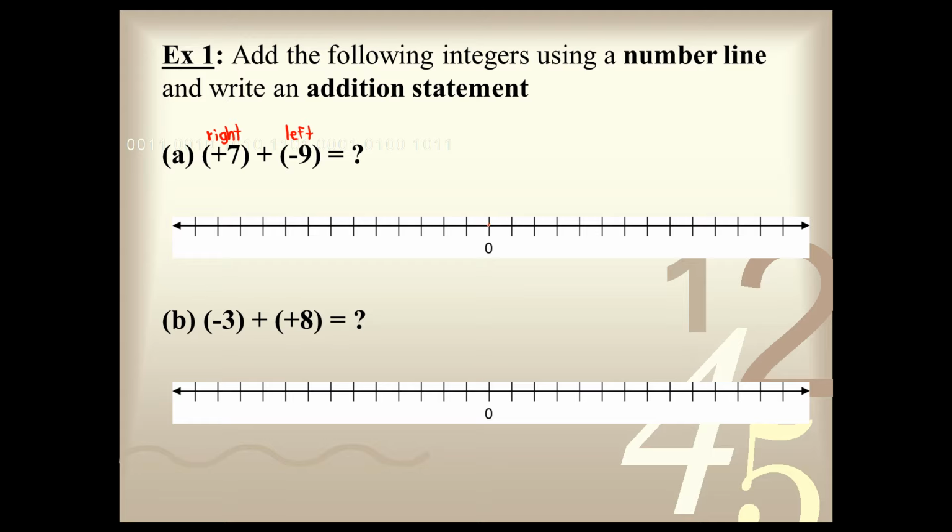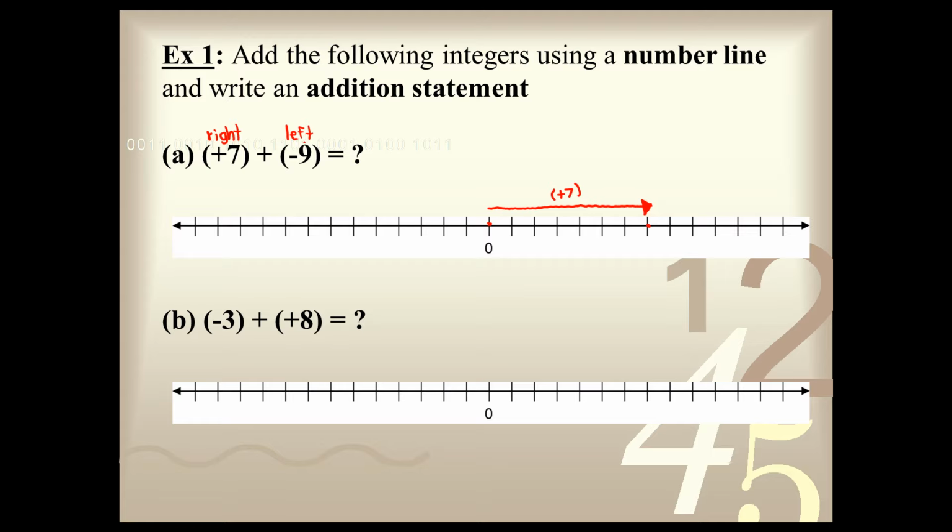So starting right here, that would be 1, 2, 3, 4, 5, 6, 7. So we're going to end up right here. And if I draw an arrow to represent this, it points towards the right, and let's just label the integer. We're going to call this one positive 7.